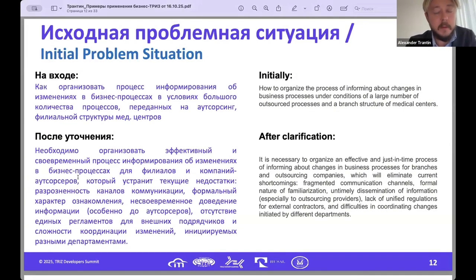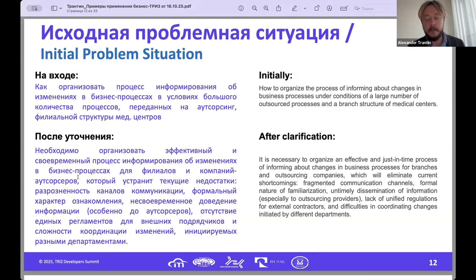So case number one, it's about medical centers that are part of our holding, and the problem with which these people came to us is how to organize the process of informing about changes in business processes when there's a large number of outsourced processes and a branch structure of medical centers.